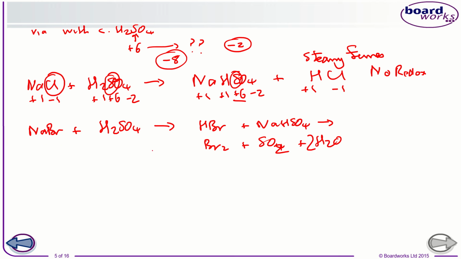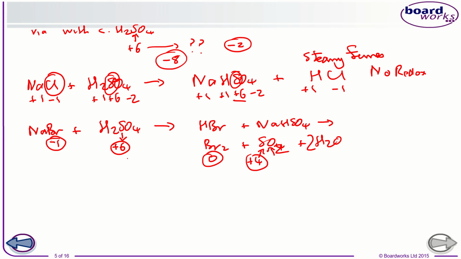Now let's have a look if there's changes in oxidation number. Everything's the same there, but I just want to bring emphasis to the two things that are going to change. So the sulfur at +6 and the bromide at -1. So bromine here is 0, in elemental bromine. The sulfur here now, each of the two oxygens here are -2, so that in total is -4 for the two oxygens. The overall charge on the molecule is 0, so the sulfur must be +4.